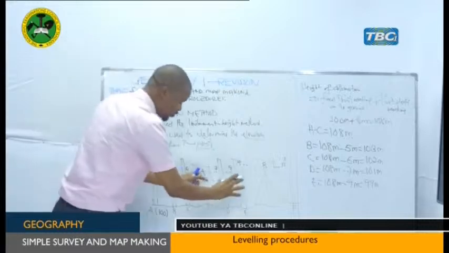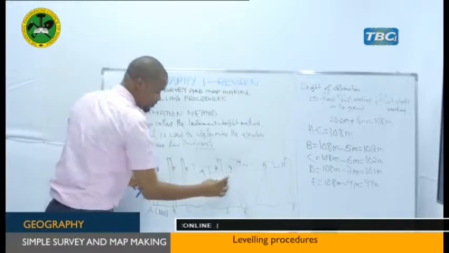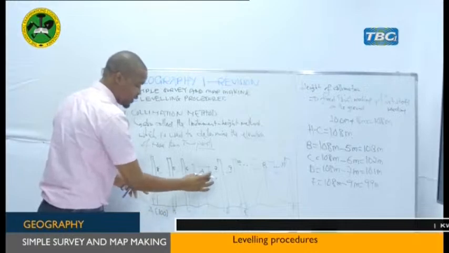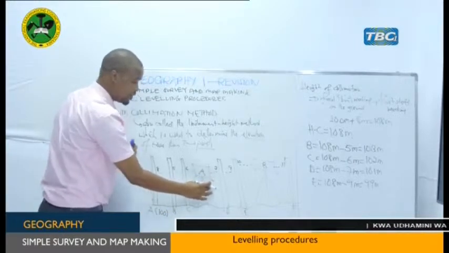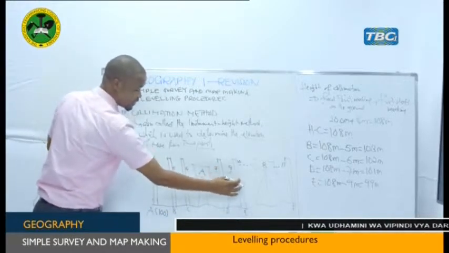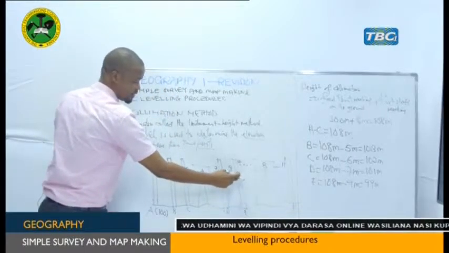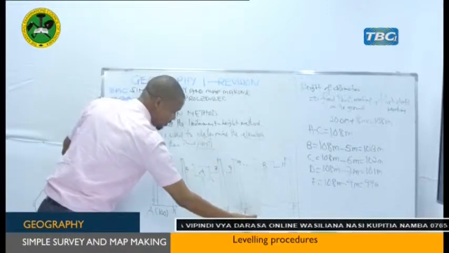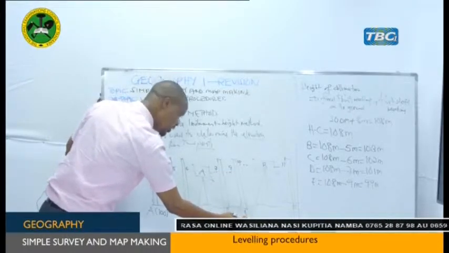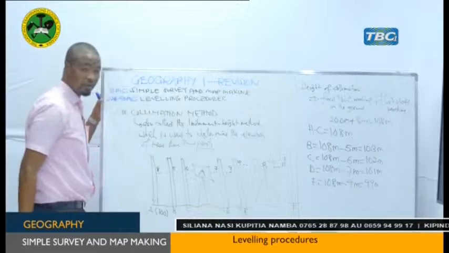By looking carefully at this diagram, as I said, we have the first spirit level which reads this leveling staff, and the second spirit level, this one, which reads this leveling staff. So our leveling staff at point E is the changing point.